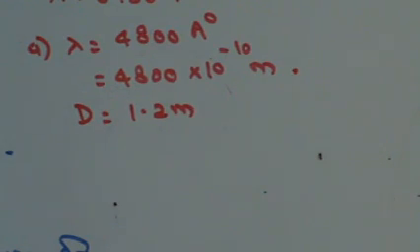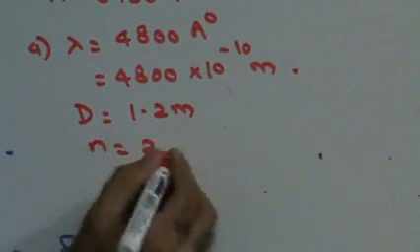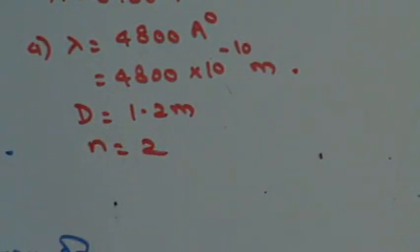The second diffraction minima is found to be 0.95 centimeters from the central maxima.